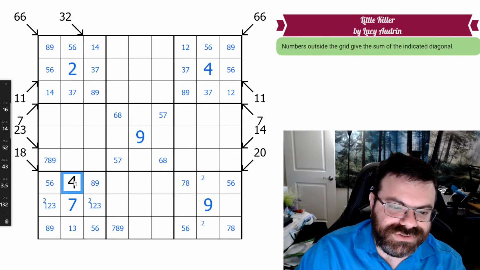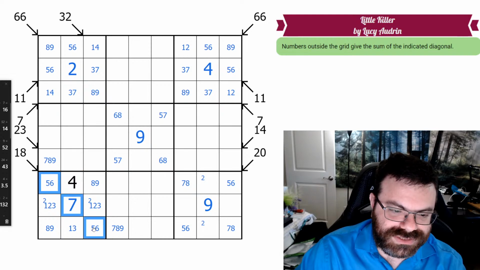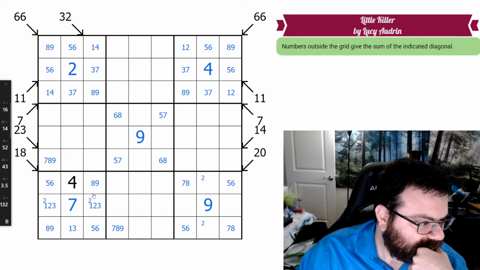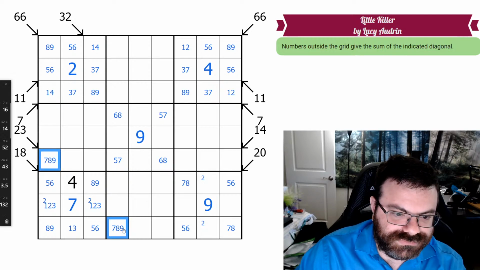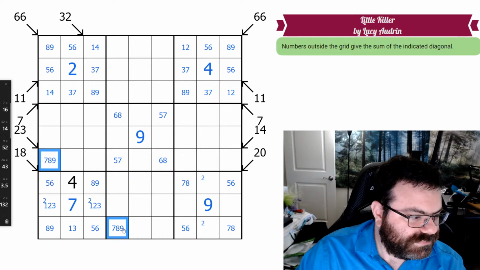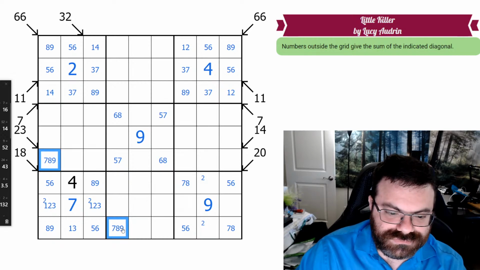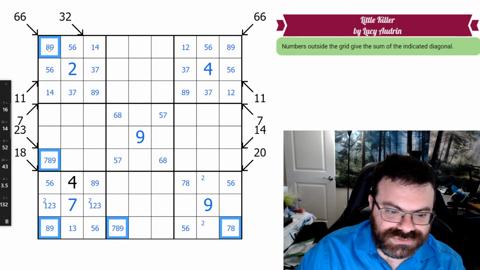Yeah, this 4 did double duty. This 4 gave us this 2, 4, and the 4 also gave us the 18. It's pretty cool. We have a 7, 8, 9 in this row and in this column.